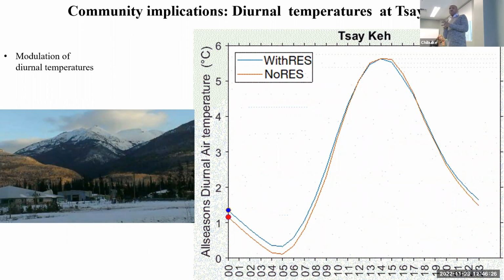If you look closely at the first few maps I showed, you find that the community is just at the tip of the lake area. So what is the experience? I pulled out data for that location, and it also shows a decrease in the diurnal range. So it doesn't get as cold as it used to, okay?